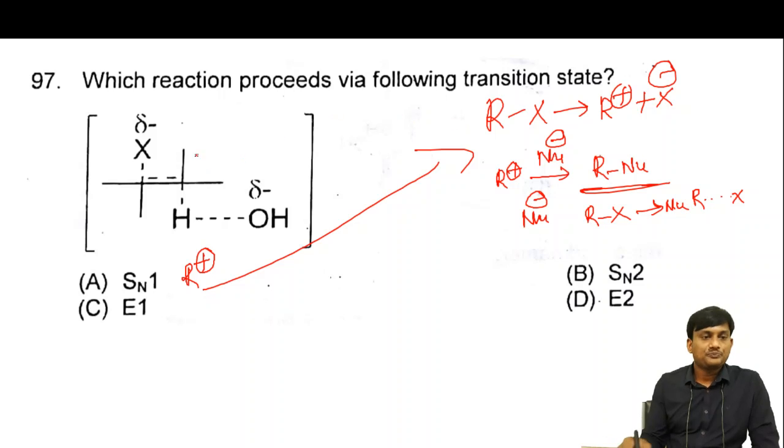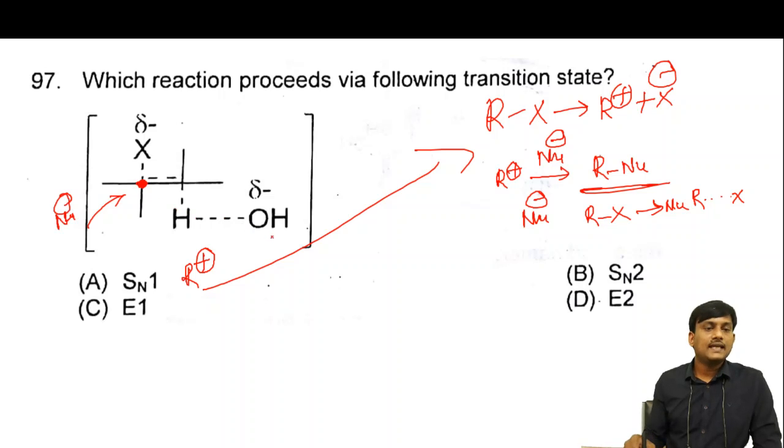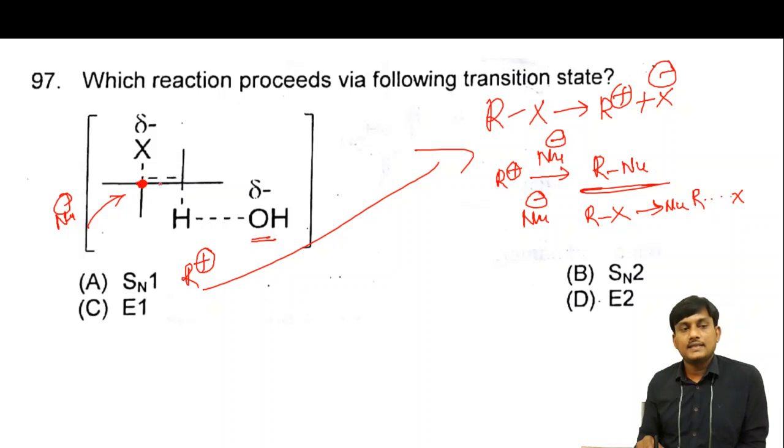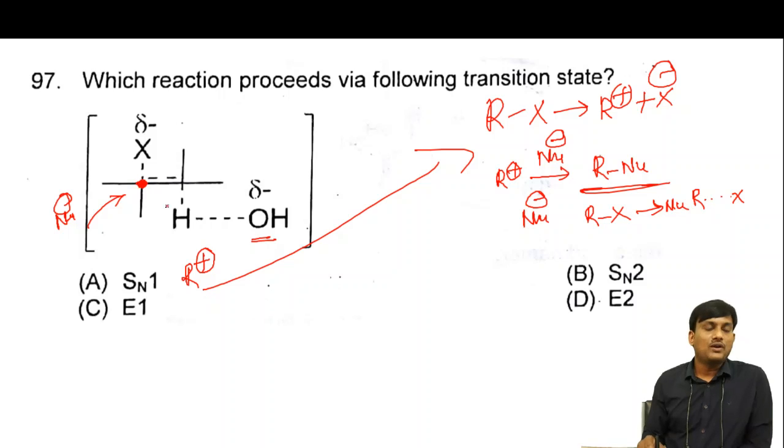Here, suppose you take this one, this is the reaction center, the X containing carbon. Here there is no attack of nucleophile. Here there is the attacking of OH on hydrogen, which is adjacent to the CX bond.